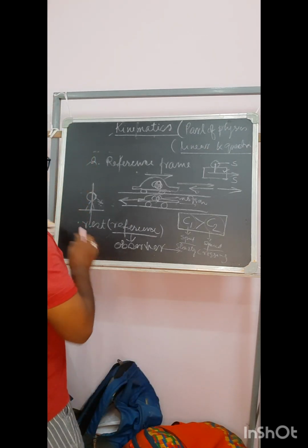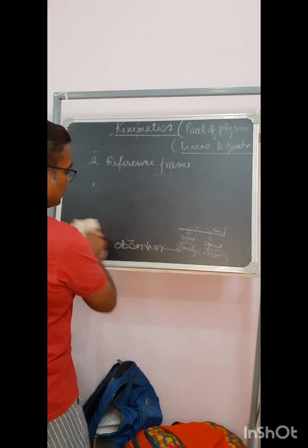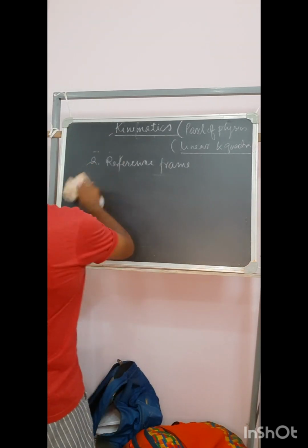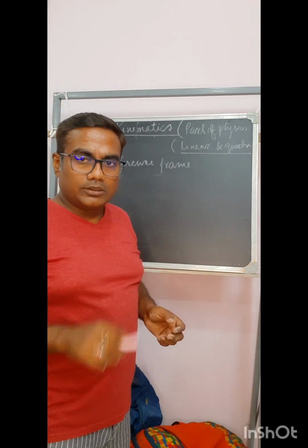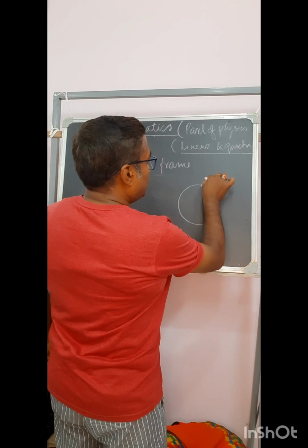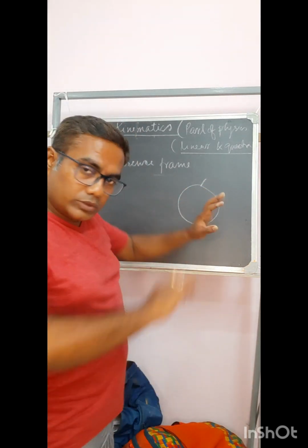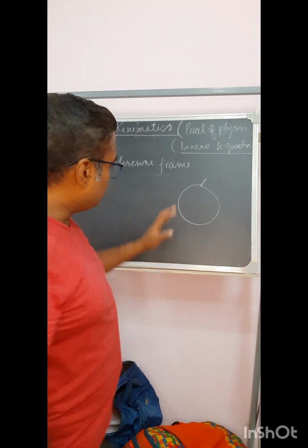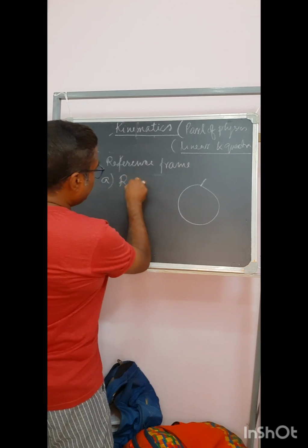Say, for example, we are on the earth. We all know the earth is moving, and we are all moving along with the earth, but we don't feel that motion, because the earth and we are not relative to each other. We are moving together. So another term which is coming is relative.